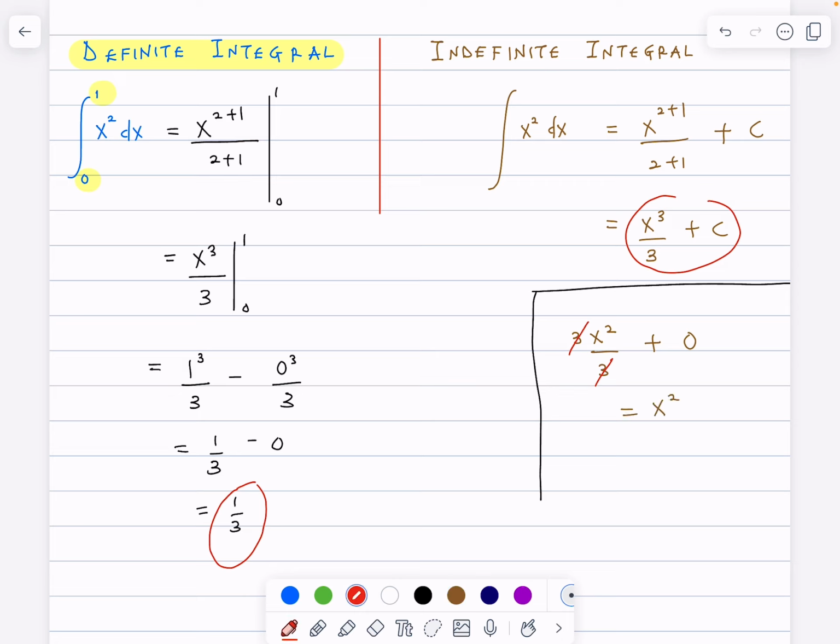So we have x squared here, we have x squared here. So that's how you know that your solution, which is x cubed over 3 plus c, is actually correct. If you take the derivative of that, you get the integrand. So that's just the difference between definite integral and indefinite integral.